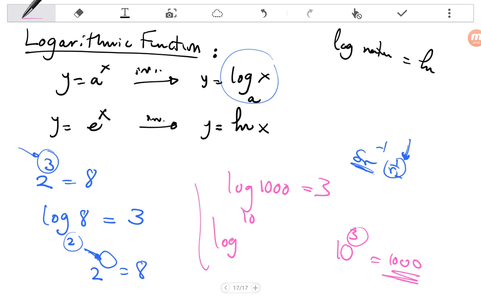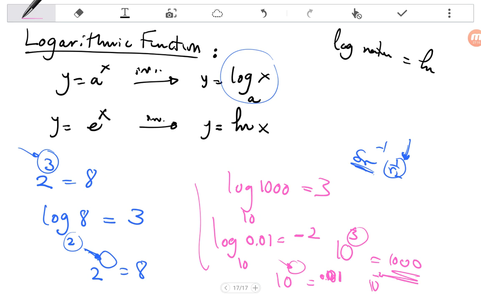And what if I need to find log base 10 of 0.01? What is the exponent of 10 to get 0.01? That would be negative 2, since 10 power negative 2 is 0.01.